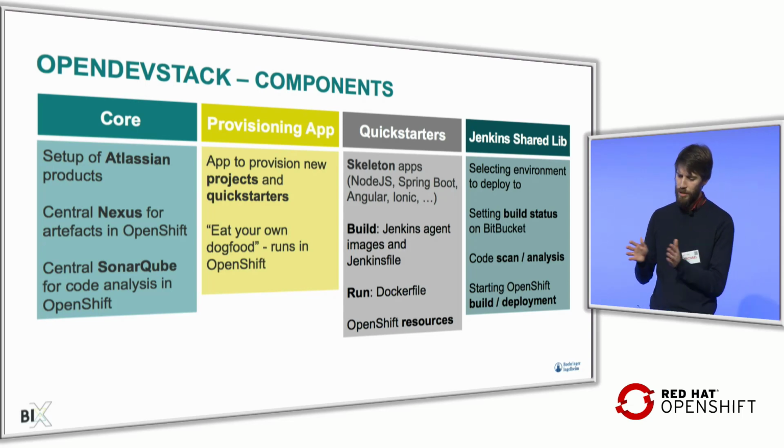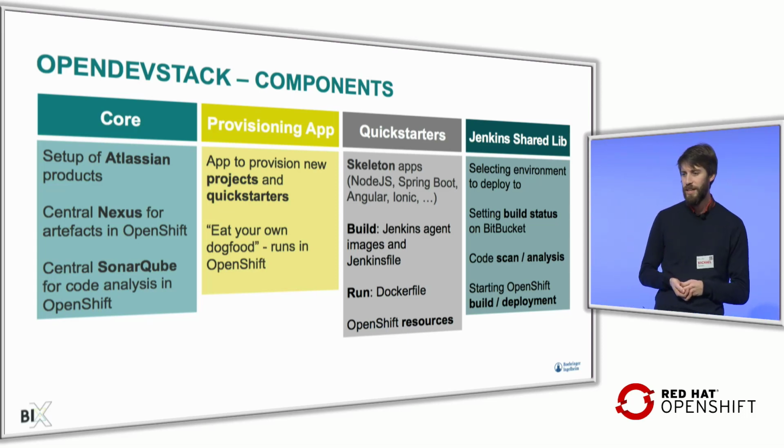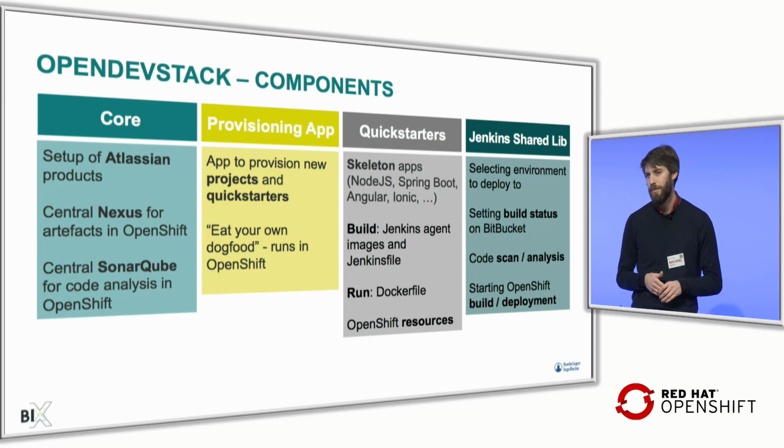To go a bit more into detail on what those quick starters are: quick starters are sort of skeleton apps. The basics would be, for example, for Spring Boot, you run a CLI and you get a Spring Boot application, but it also does some modifications to make it actually run on OpenShift. The quick starter also has the information on how to build that project.